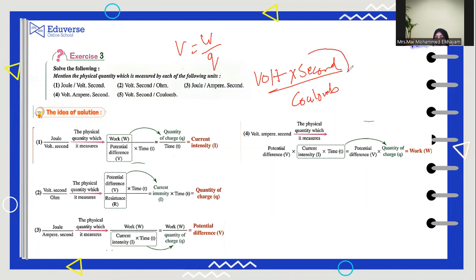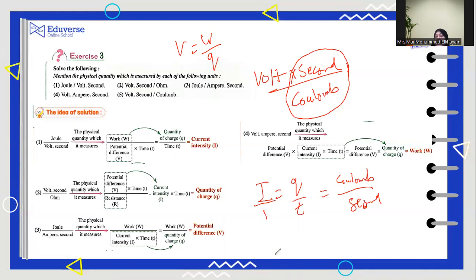Let's see this one, second over coulomb. How does this remind you of something? Yes. If I have I equals Q over T equals coulomb over second. I know that I has 1 under it, right?